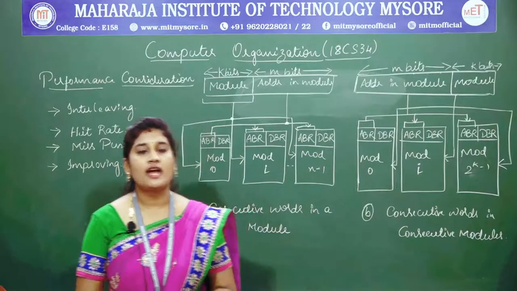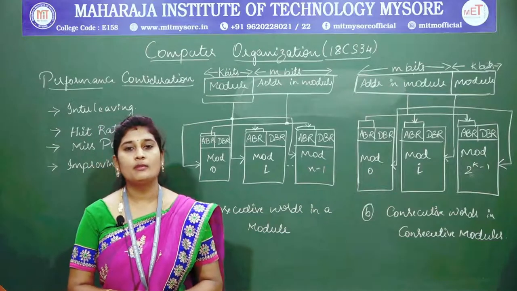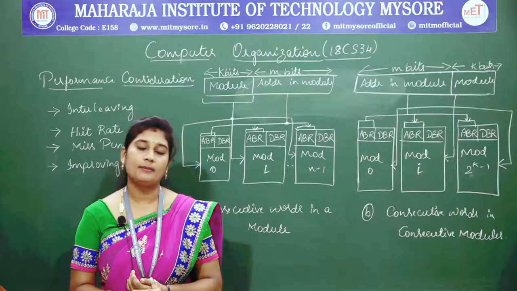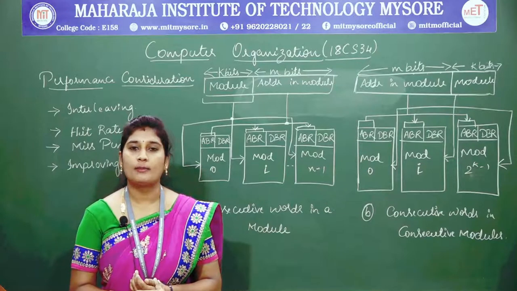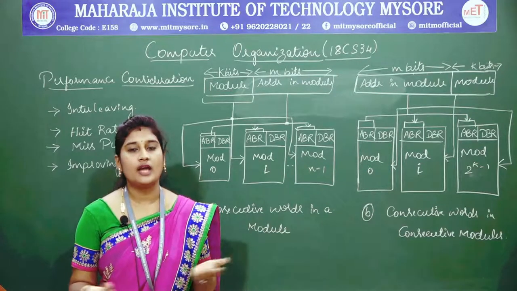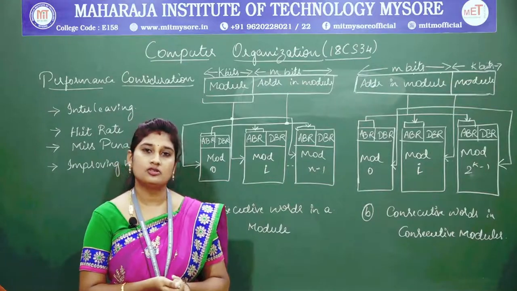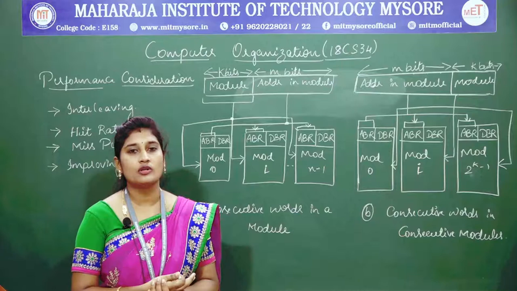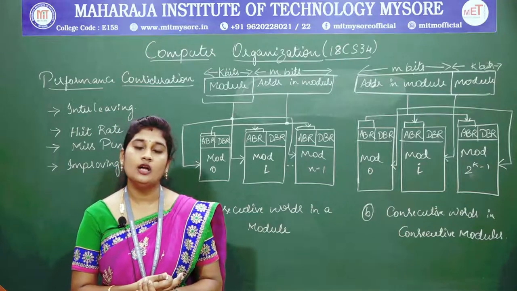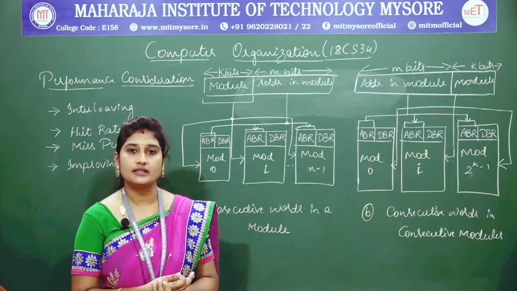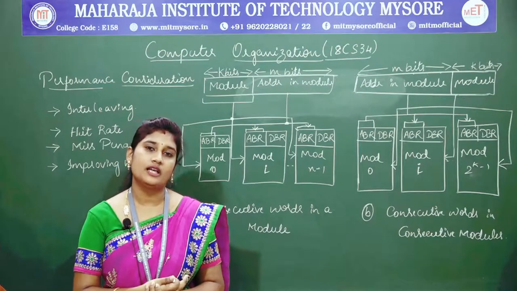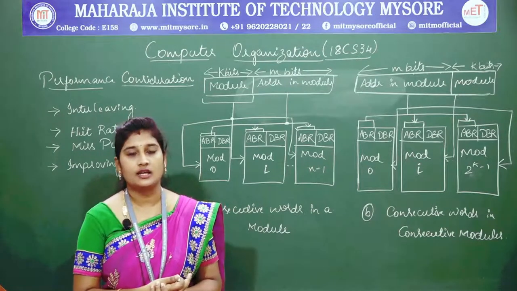In the last class we discussed the memory mapping functions, that is direct mapping, associative mapping and set associative mapping. We also discussed the temporal storage, that is cache memories, how they get embedded in your processor chips, and how they were categorized into primary cache as well as secondary cache, isn't it?